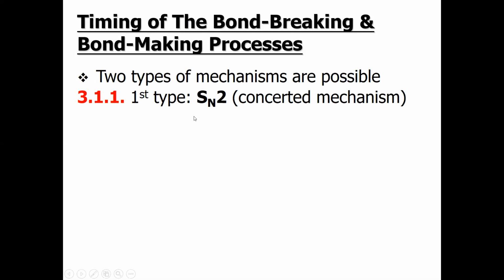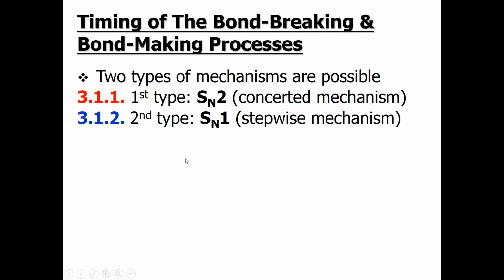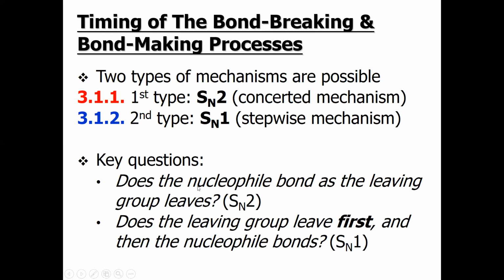The first type, the SN2 reaction, is an example of a concerted mechanism, and the second type is the SN1 mechanism, which is a stepwise mechanism. Now we will discuss how the nucleophile bonds as the leaving group leaves in the SN2 reaction, and how the leaving group leaves first and then the nucleophile bonds in the SN1 reaction. Let us see in detail the SN2 and SN1 reactions, very important reactions in the nucleophilic substitution of alkyl halides.